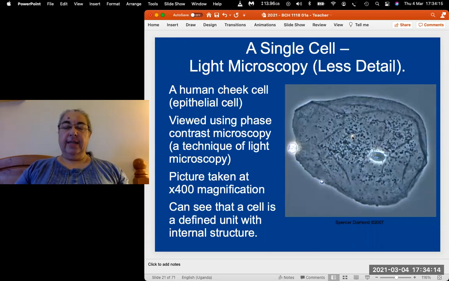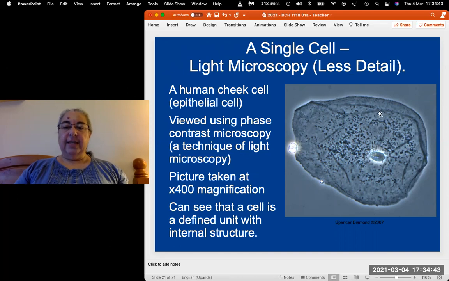So here is a picture of a real cell. Most of what I've shown you so far has been illustrations of cells, but this is a micrograph of a single cell. This is a human cheek cell, which is an epithelial cell. We're looking at a picture taken using a light microscope, using a technique called phase contrast microscopy.